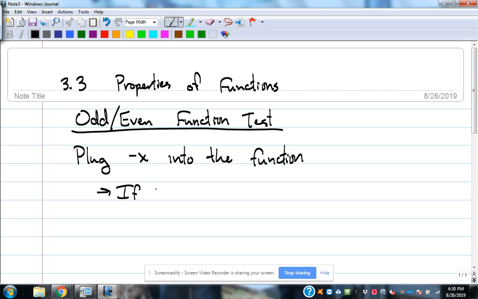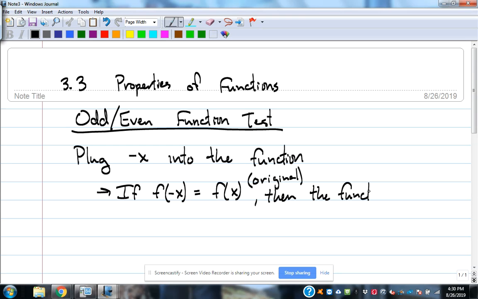If f of negative x equals f of x, and when I say that f of x, I'm talking about the original. If you get back everything the same, then the function is even.